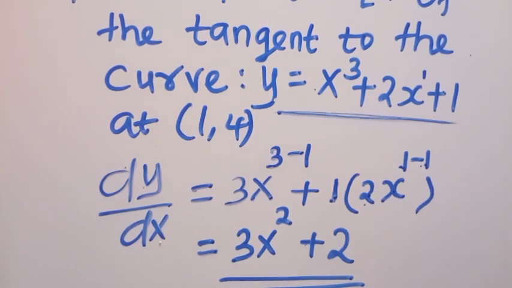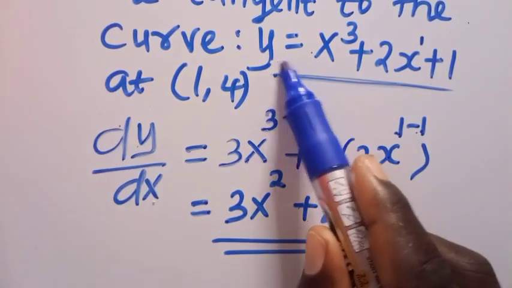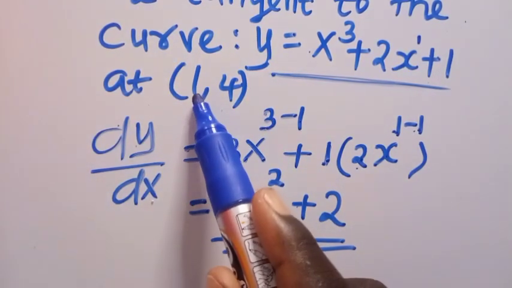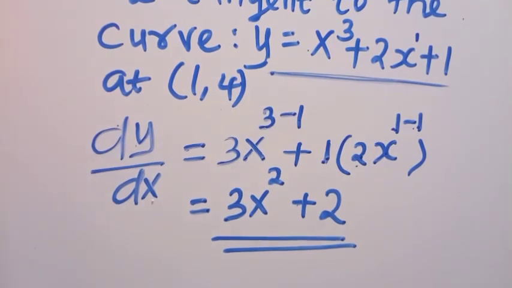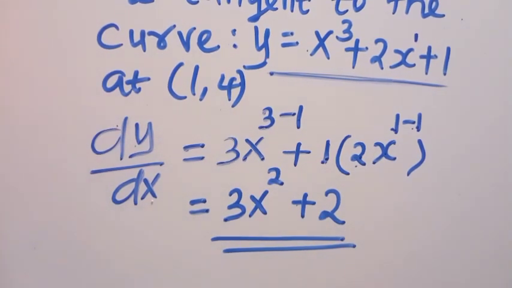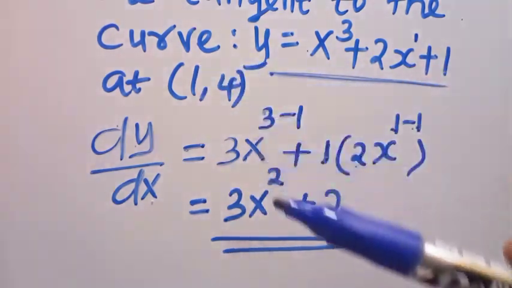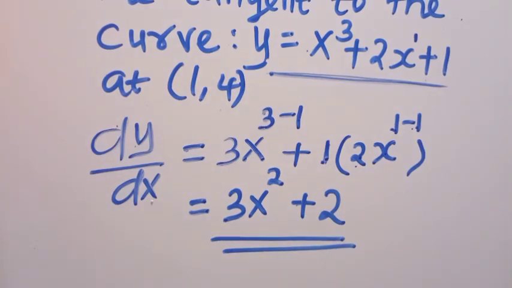Now we shall consider the gradient of this curve at the point (1, 4). At the point (1, 4), we only substitute the value of x, which is 1, so that we obtain the value of the gradient.